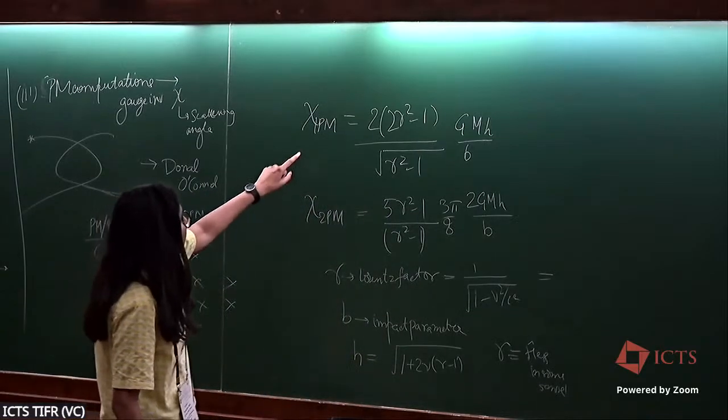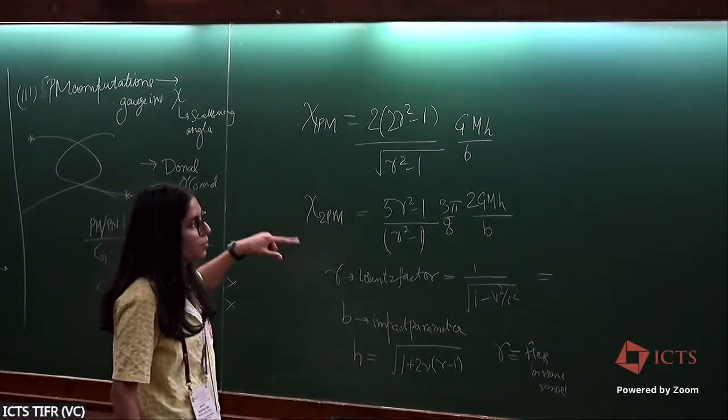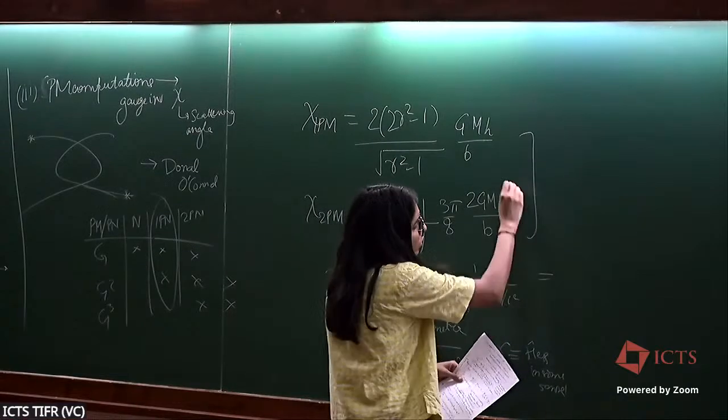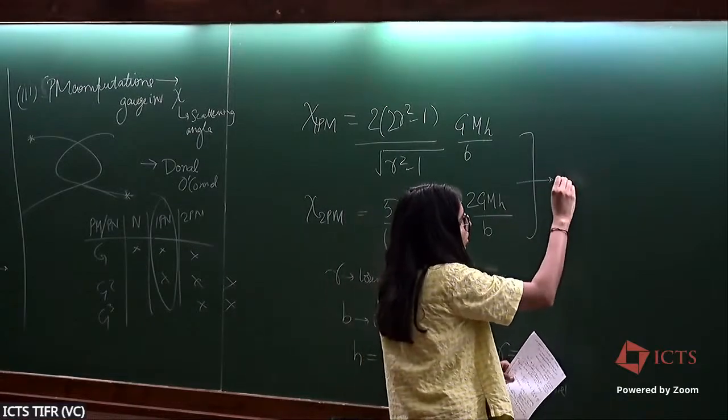And we note here that this chi 1 PM and chi 2 PM are independent of nu, so they are not dependent on the symmetric mass ratio.